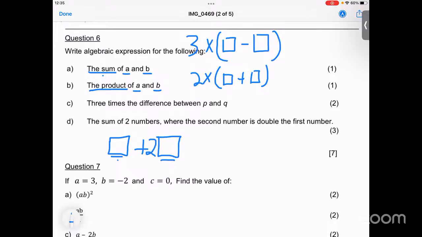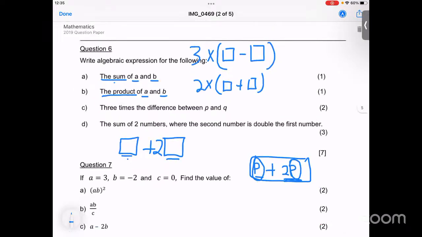So that would mean if it is P, it has to be P and another P, but the second P is 2 times of that one, which means it is double of that. So it is the same letters, but the second letter is double. Then you can easily simplify this to know what exactly that is. Something of this nature, honorable.